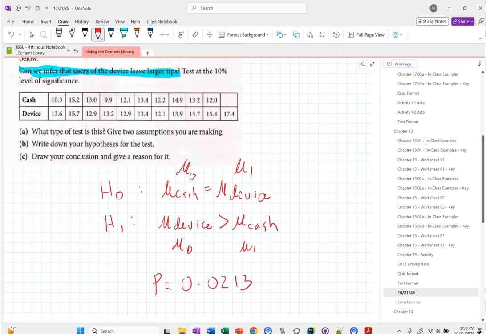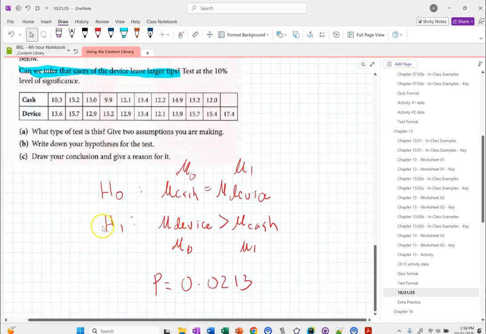Sx means standard deviation, right? Correct. Okay. And if your P is less than the level of significance, you reject it. Yes.